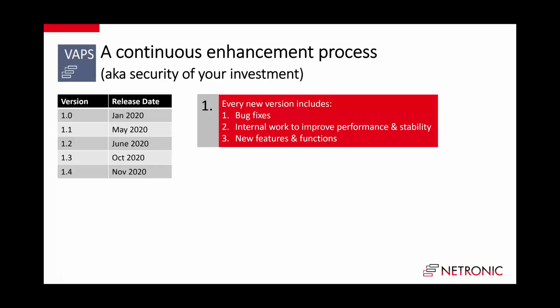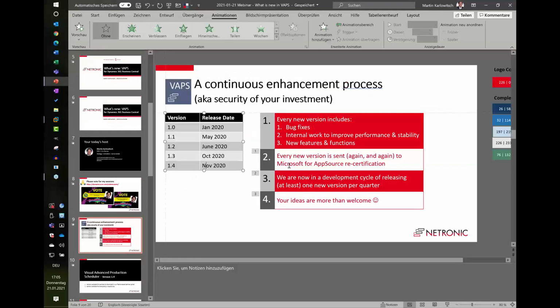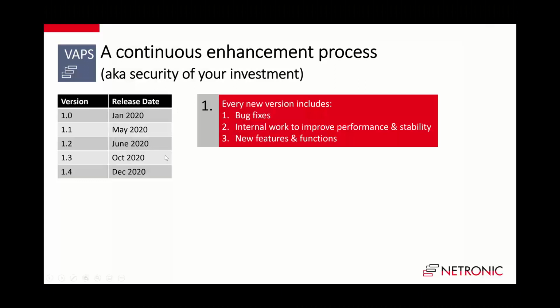So it's a product that is 1 year old, and now, I made a typo, which I fix while I present, we have already released the 5th version of it. So a product 1 year old, the 5th version. The initial version in January, then we shipped versions in May and June, one in October, and now one in December.